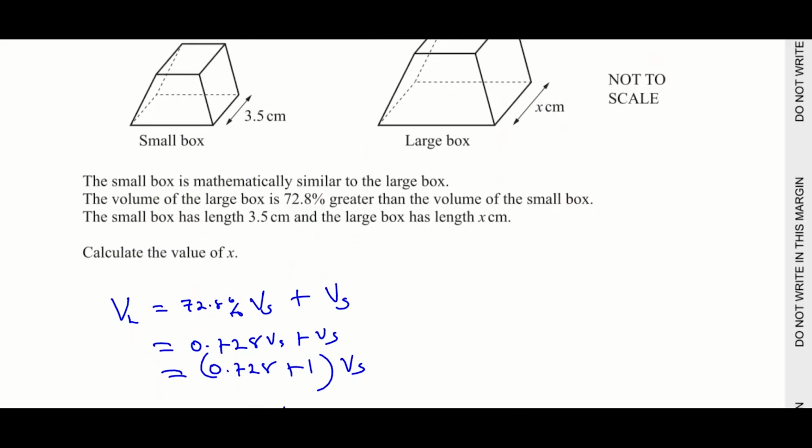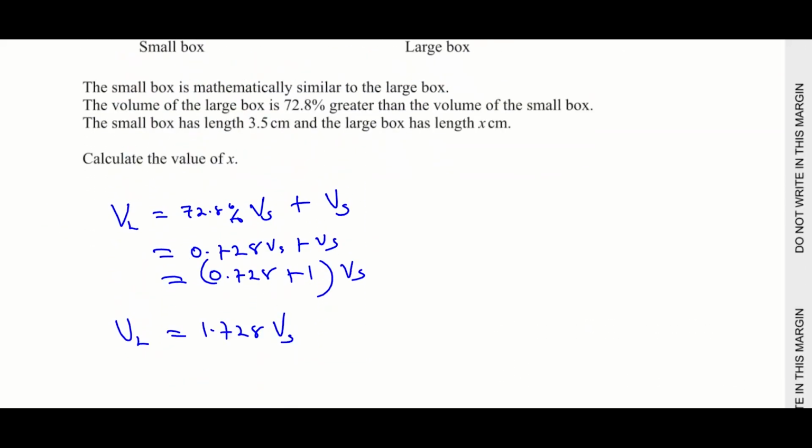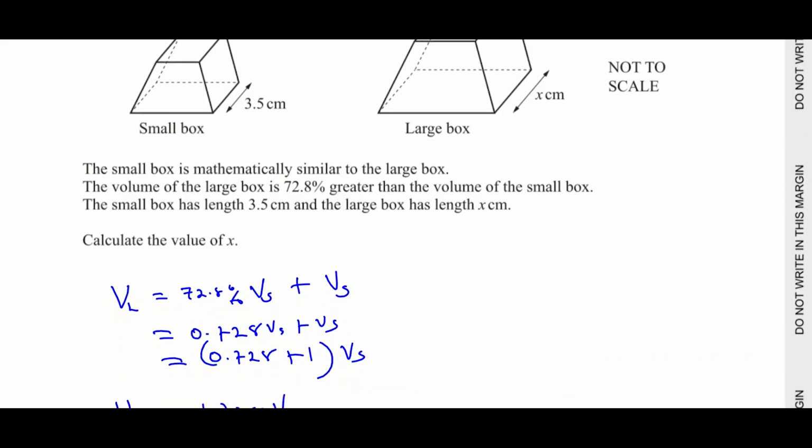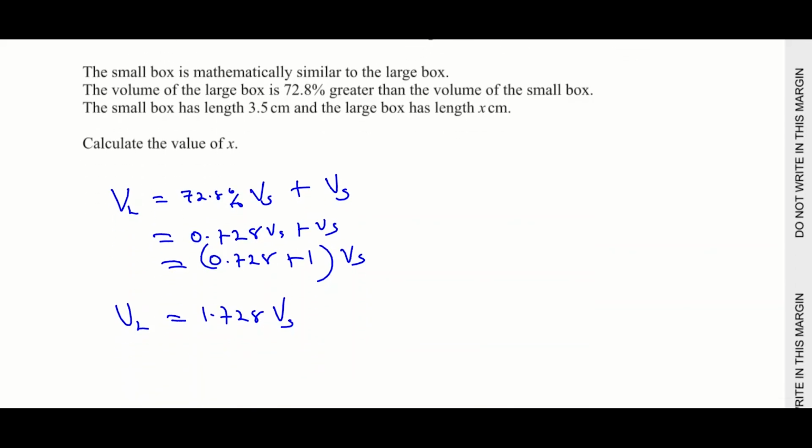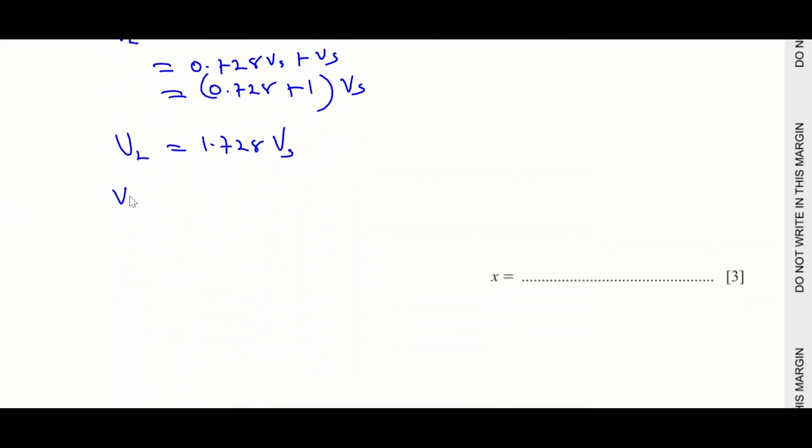So now we can use a relationship. The small box has a length of 3.5 centimeters and the large box has a length of x centimeters. So the volume of the small box is Vs, and the length of the large box is x, which is what we want to get, while the length of the small box is given as 3.5.